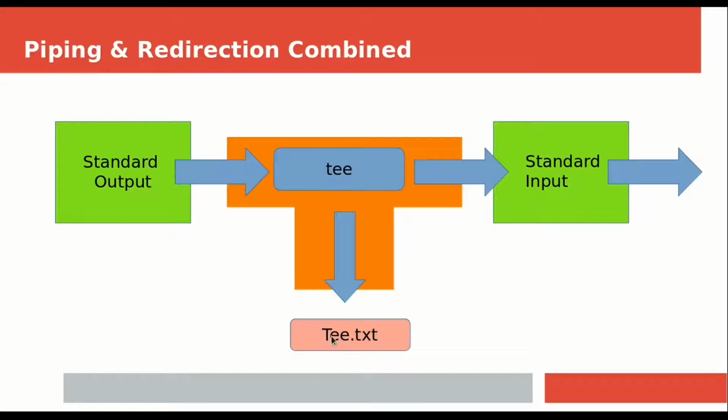I've just given t so that it can be more relatable. So I'll repeat again: the tee command will help you to store the data into a file before passing the data to another command in a pipe. Understood? Now we'll go back to the terminal and see how this tee command works.